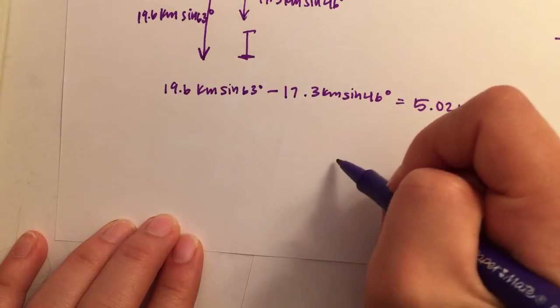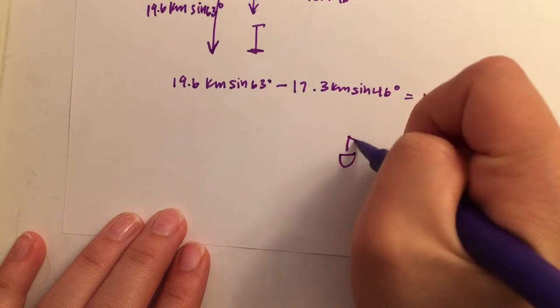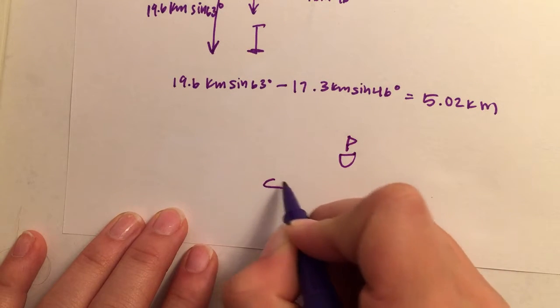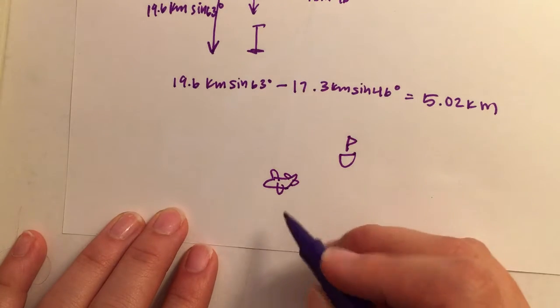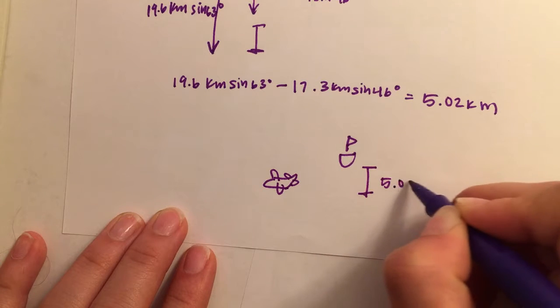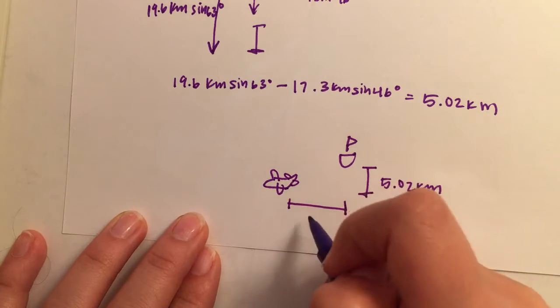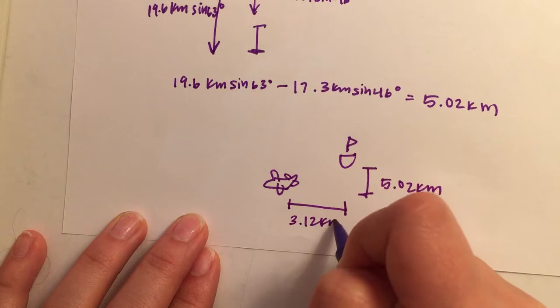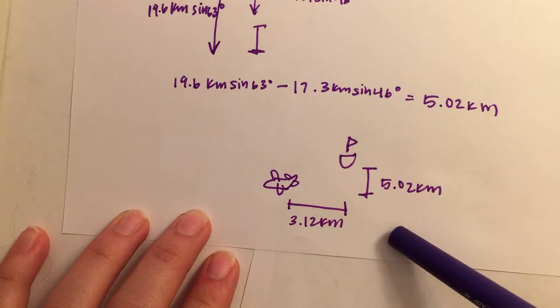So we have the ship here and the plane here, and the difference in the y direction is 5.02 kilometers, and in the x direction 3.12 kilometers. And so we're trying to find the position vector.